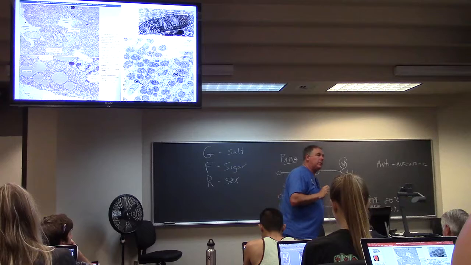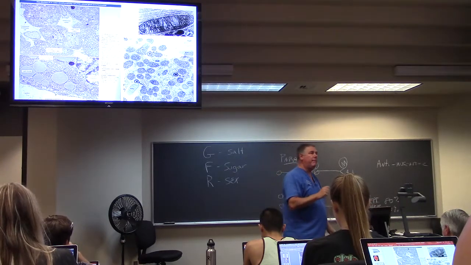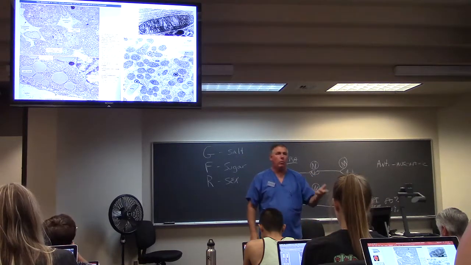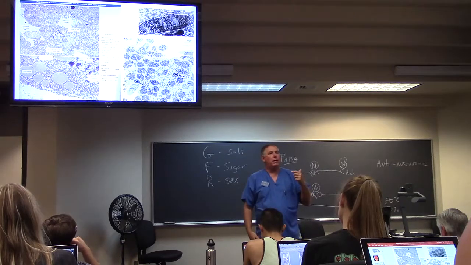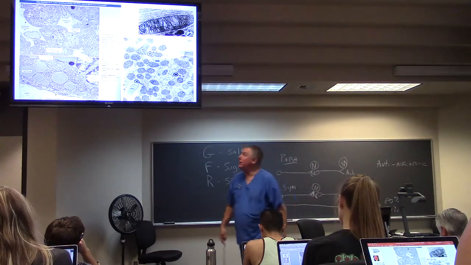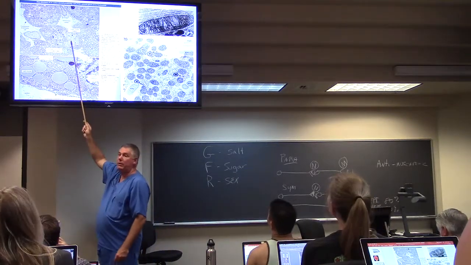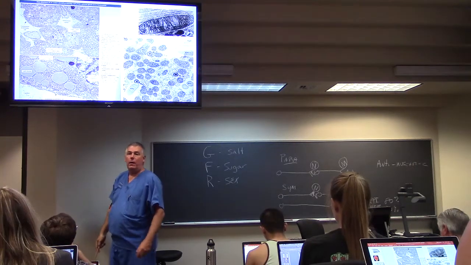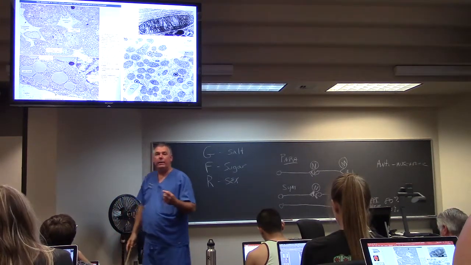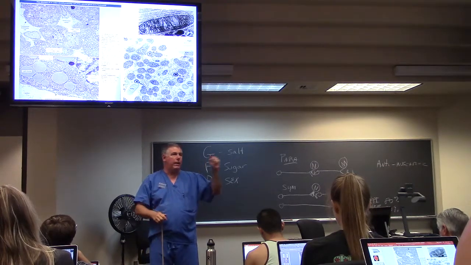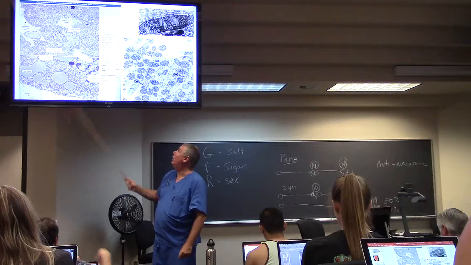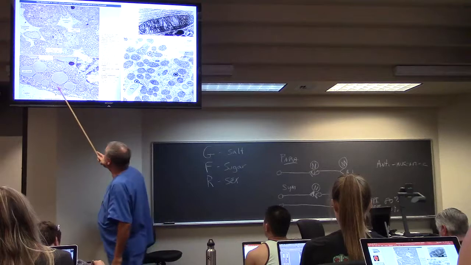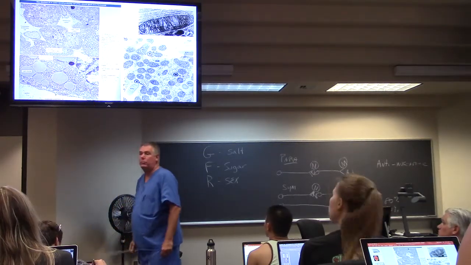So the cellular organelles that you'll see in fat-producing cells, or cells that synthesize fat-related hormones, are one, lipid droplets. And you see up here in this thing, all of these droplets of cholesterol that the cell has acquired. Two, the endoplasmic reticulum is dilated and without any ribosomes attached to it. So it's smooth endoplasmic reticulum. All of that stuff right here, all these little circles, all that stuff is SER.